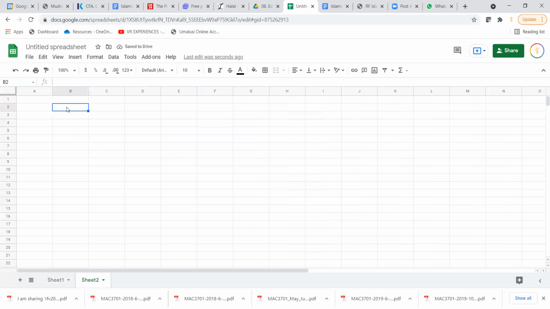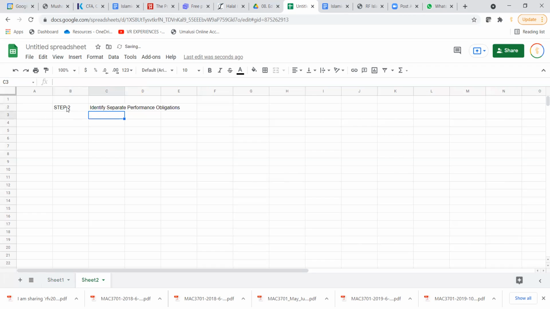Okay, so we deal with step number 2. Step 2 is identify separate performance obligations.